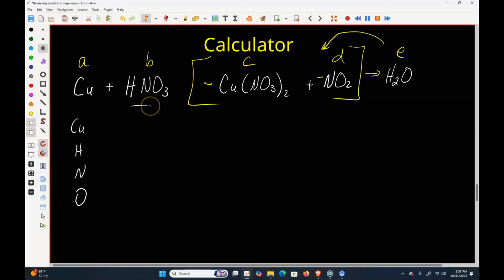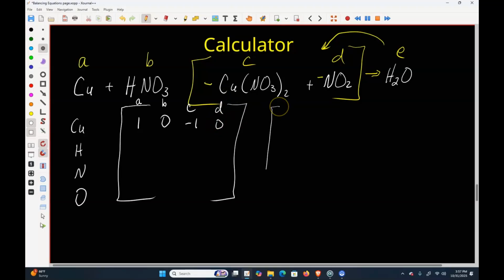I want to do almost the same thing I did earlier, but I'm going to set it up into matrices instead, where this is variable A, variable B, variable C, and variable D. Have 1 copper in A, 0 coppers in B, -1 coppers in C, 0 in D. I have a separate matrix over here, E, and I have no coppers in E. So I'm going to call this matrix A. I'm going to call this one matrix C.